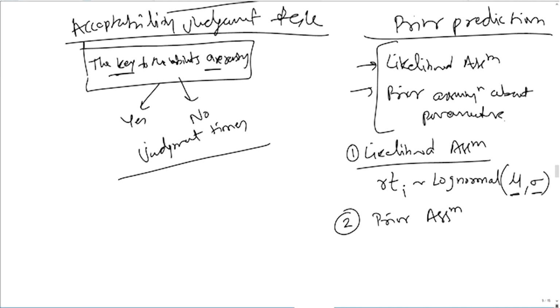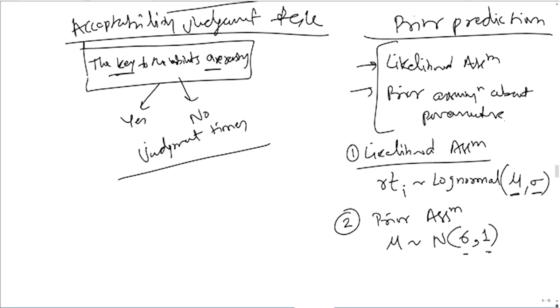For example, based on my experience, I have this idea that mu would be somewhere around 6. So, let us say I define this prior on mu: a normal prior with mean 6 and standard deviation 1. This means the parameter mu can have values between, let us say, 4 and 8, which is a quite weakly informative prior.